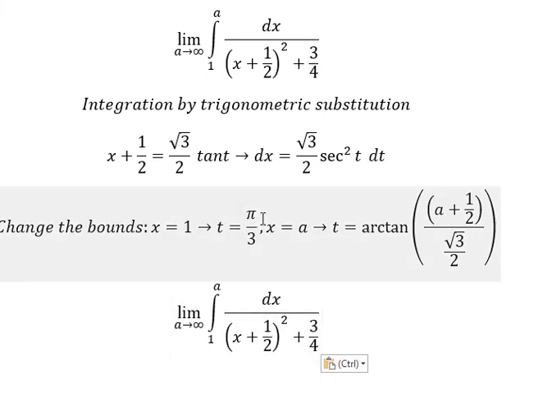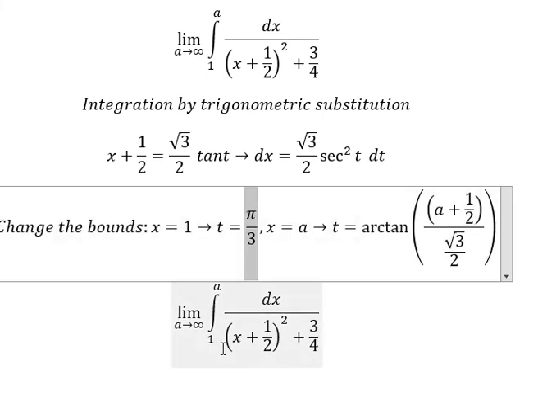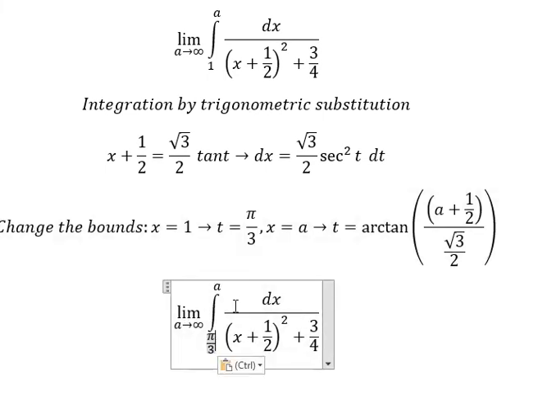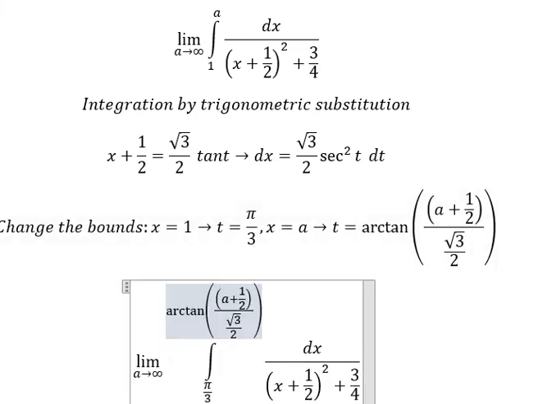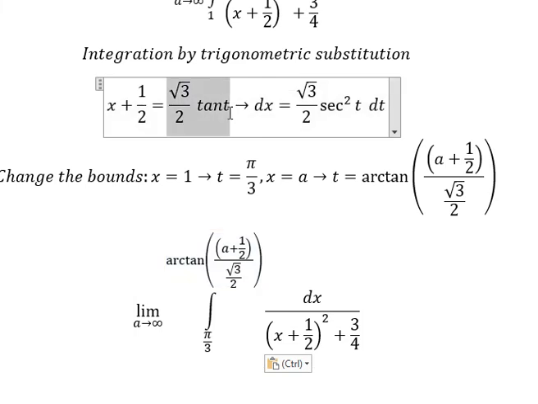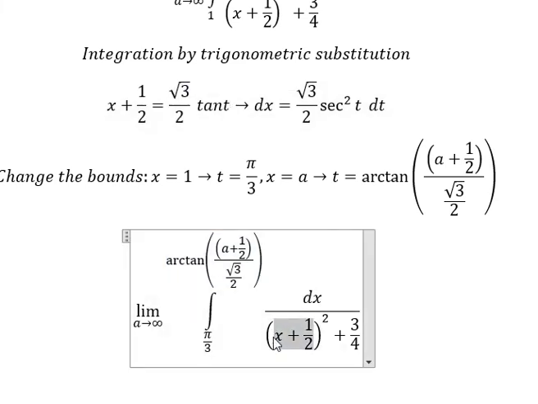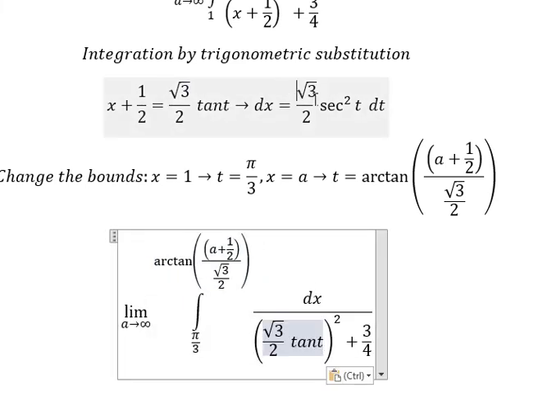So number 1, we change by this one. A, we change by this one. This one we put in here. The x we change by this one.